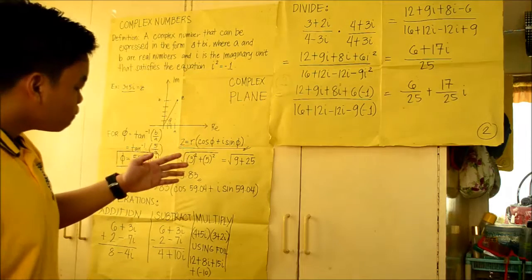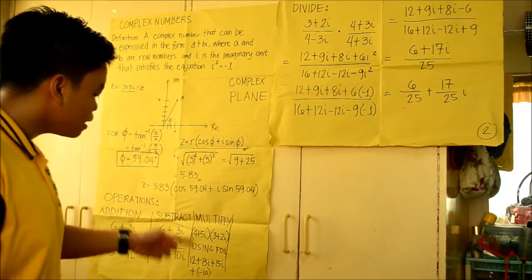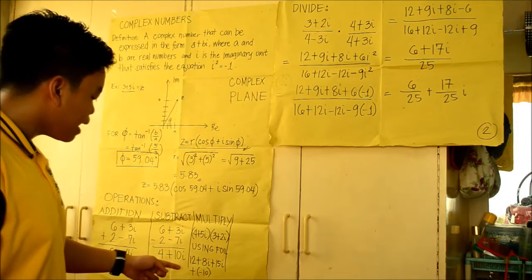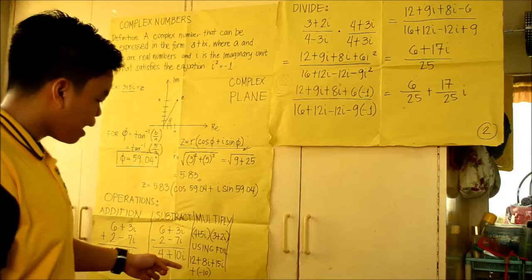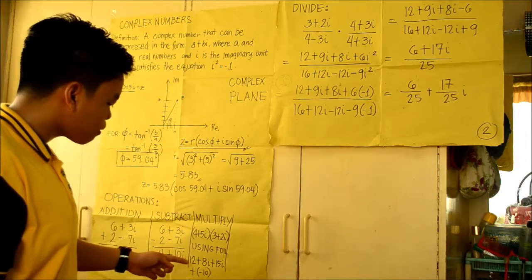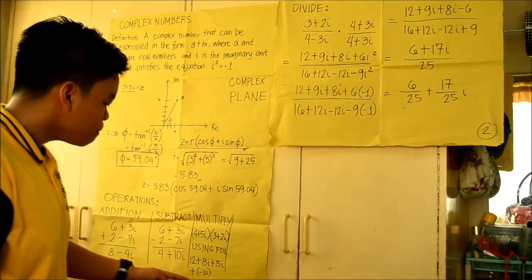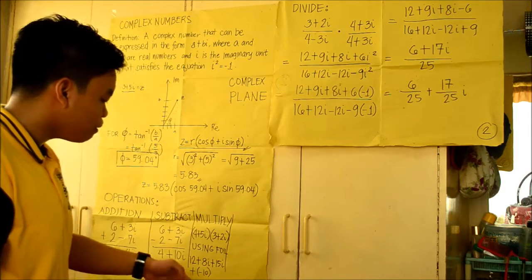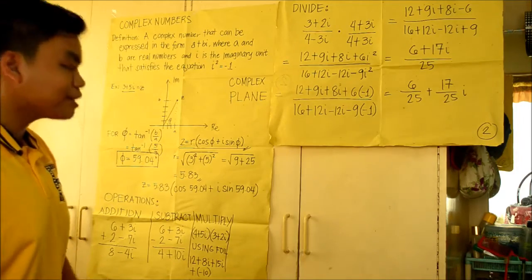Then the answer there, 10 times negative 1, will be negative 10. Then we will be adding or subtracting based on the equation. 12 plus 23i minus 10, then we will have the answer 2 plus 23i.